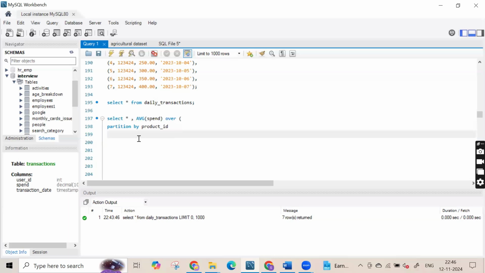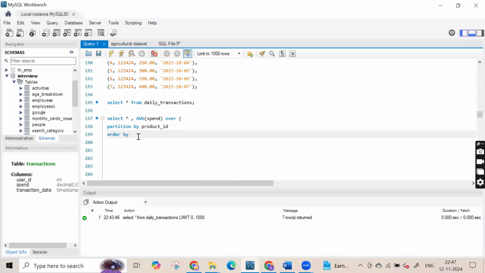And ORDER BY is also important in this particular case, because guys, you have to understand, if you don't use ORDER BY, the window which you create for each product id might be randomly ordered. And when you are calculating a moving average or rolling average, sliding window concepts and everything, you have to make sure that whatever window you are traversing should be ordered with respect to your ascending granularity.